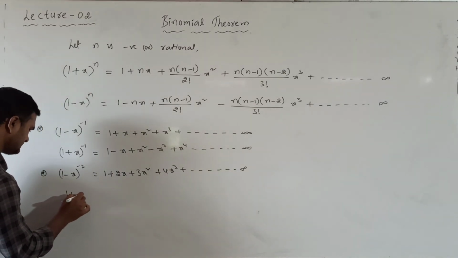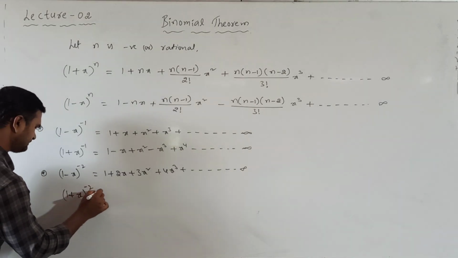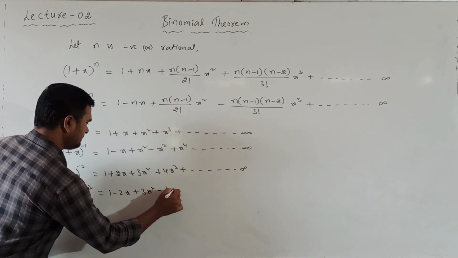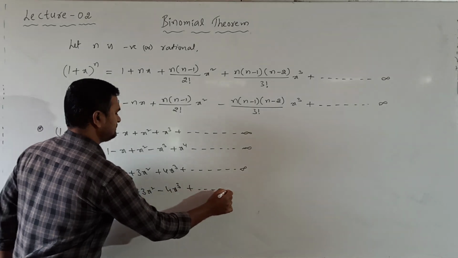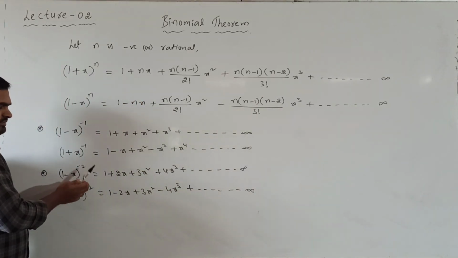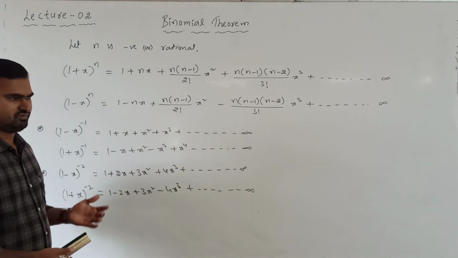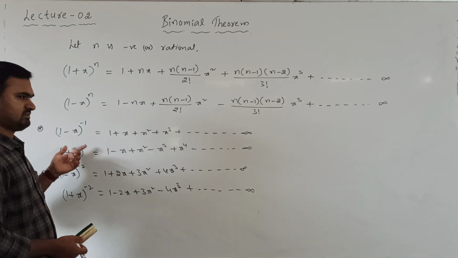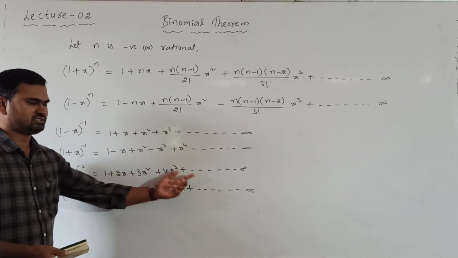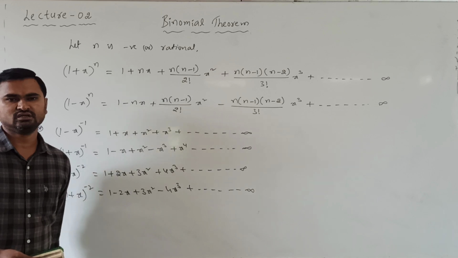If I take (1 + x)^-2, it is 1 - 2x + 3x^2 - 4x^3 and so on up to infinity. So remember these expansions in terms of (1 + x) and (1 - x), power minus 1 and power minus 2. These will be used directly when we are solving problems.